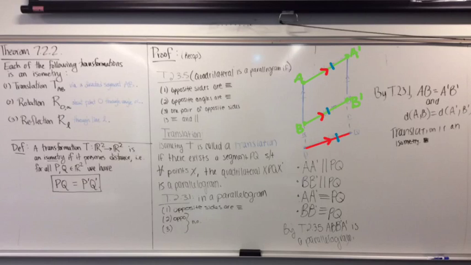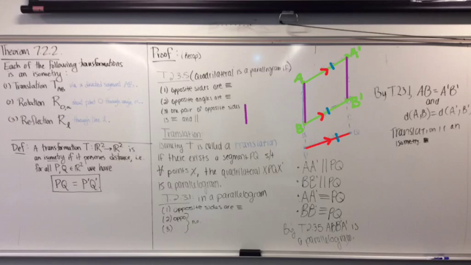But by the time we've done that, what we find is that AA prime and BB prime, by the transitivity of congruence and parallelism, are congruent and parallel to one another. And because they're congruent and parallel to one another, we can say, and this is the big kicker, that A A prime B prime B is a parallelogram.